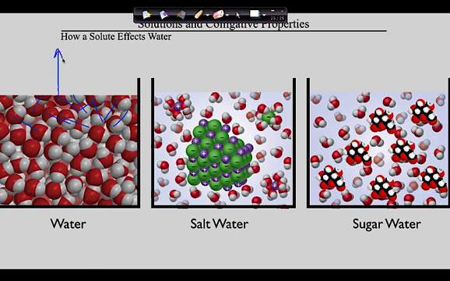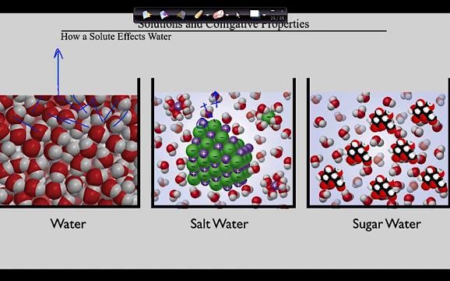Now, we need to talk about how solutions form. You'll notice on the middle and the right, we've given you pictures of salt water and also sugar water. So first of all, let's talk about how solutions form. So we remember that water molecules are polar. And these polar water molecules are strongly attracted to other polar things.